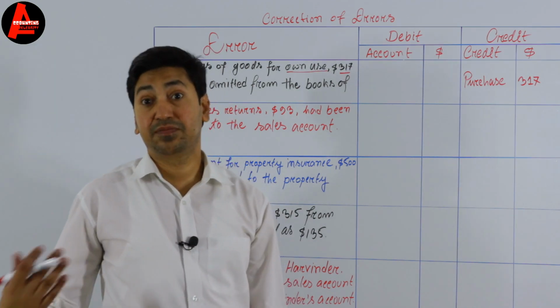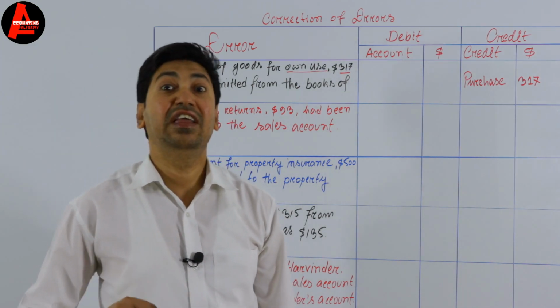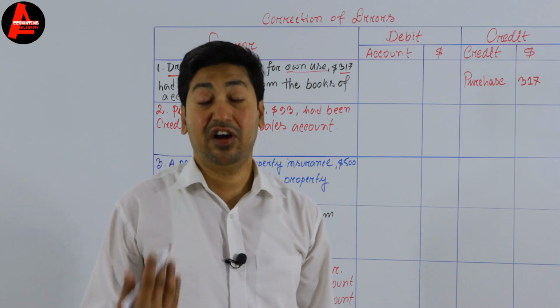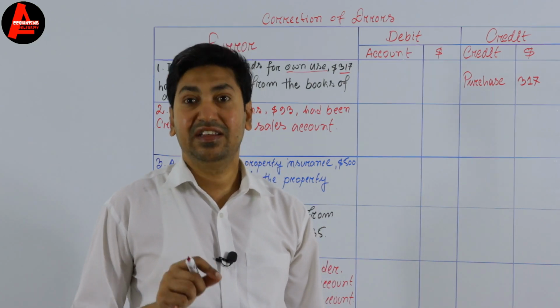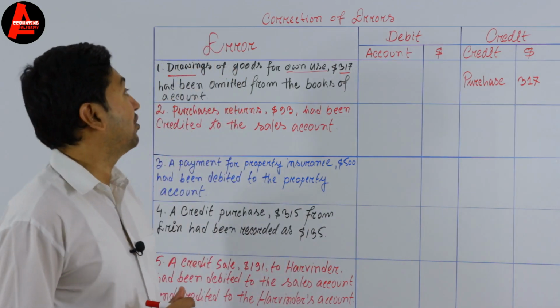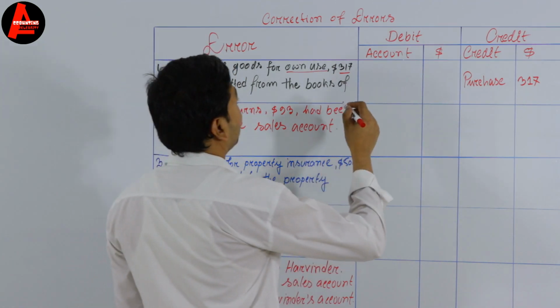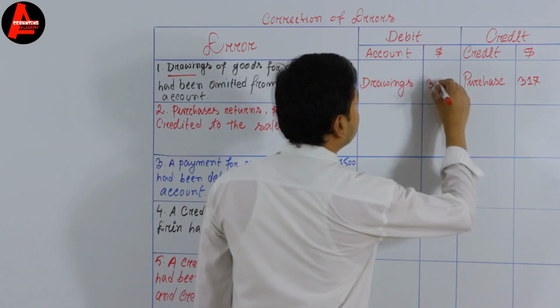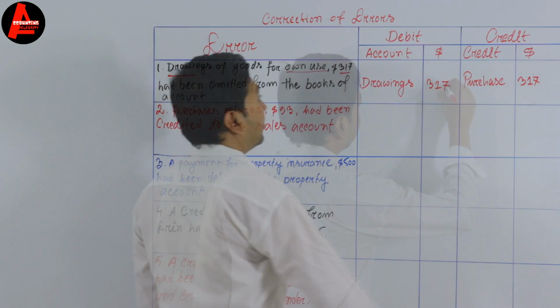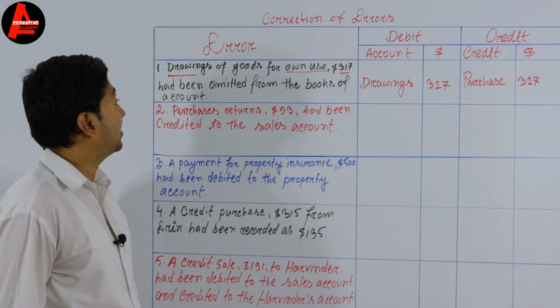So expense of the business now increased. I already told you, increase in expense will be debited. So we will write here drawings. The amount is here 317. So let us write here. Okay, great. First transaction is done.